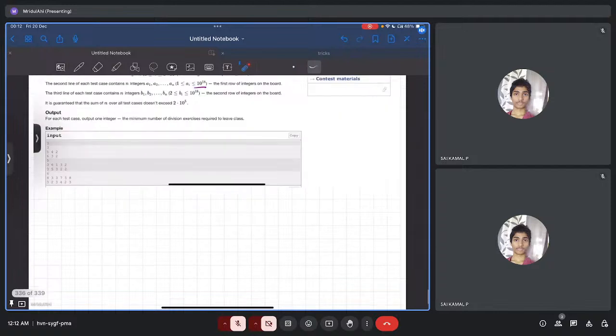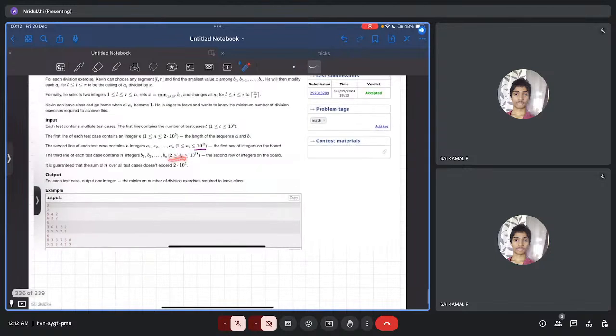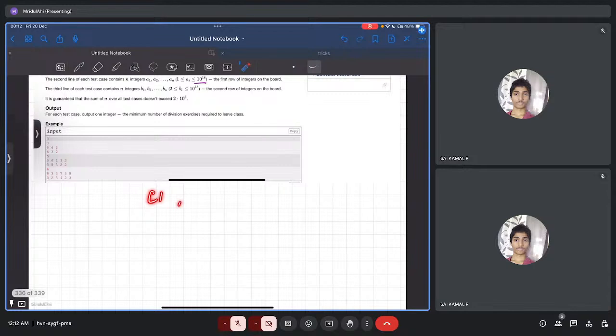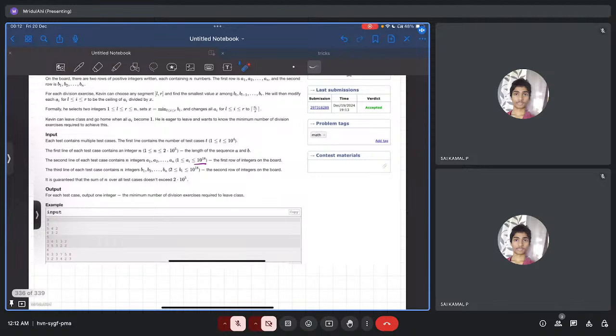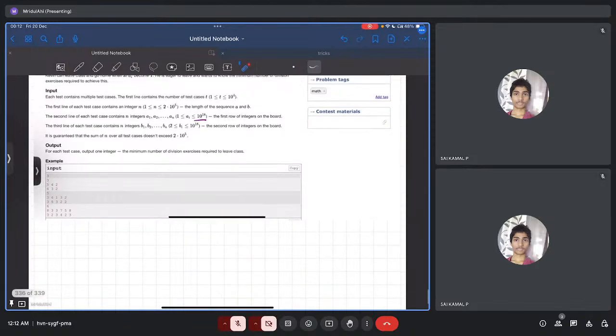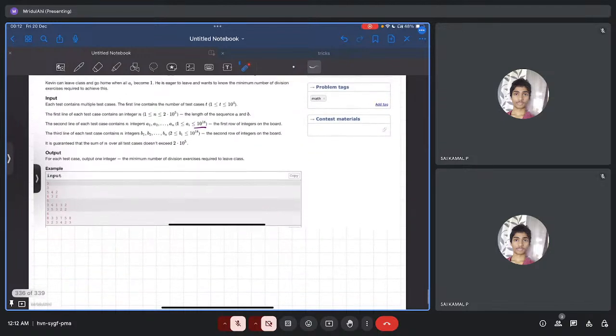So the answer is less than or equal to 60. This is because 2 raised to power 60 is about 1e18, and B_i is greater than or equal to 2 and A is less than or equal to 1e18. So choosing 1 to n divides each A_i by at least 2. So in 60 turns, each A_i turns to 1. So this is an upper bound on the answer.